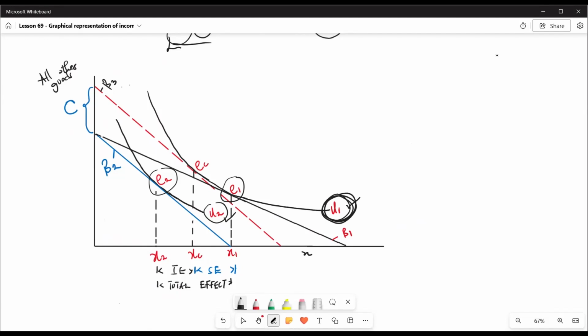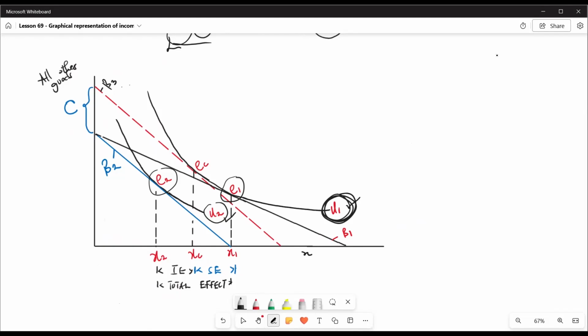Then the question here is, how much income is enough? So to find the amount of income that is required to move Ella back from U2 to U1 after the change in price, we will first have to make a parallel shift in budget constraint 2 until it touches the original indifference curve U1.